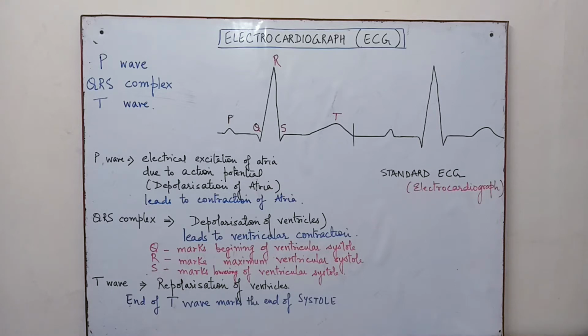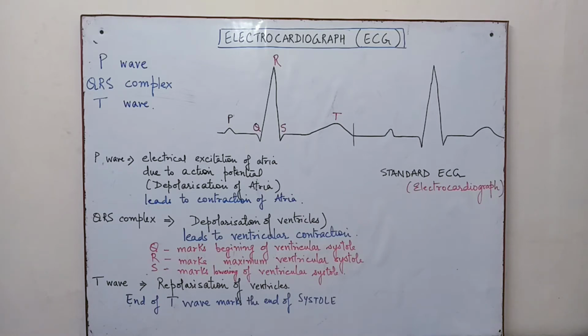The instrument that monitors or checks is known as an electrocardiograph, and this electrocardiograph plots the cardioelectrogram, that is what is known as ECG. Now ECG is a graphical representation of the electrical conductivity of a heart during the cardiac cycle.